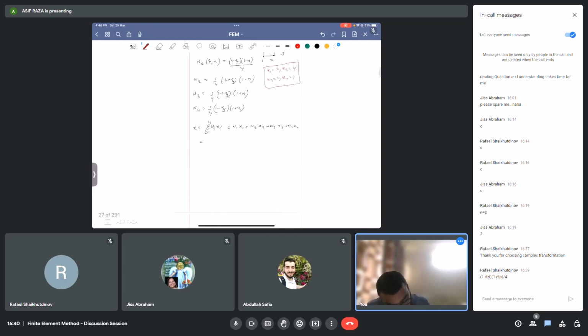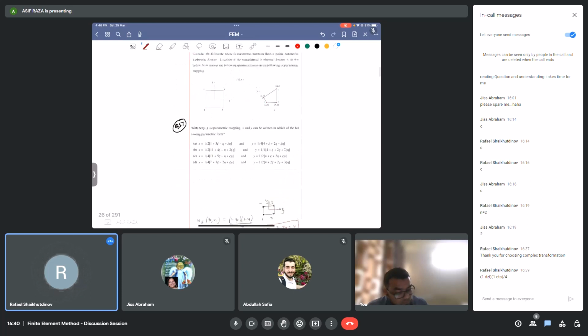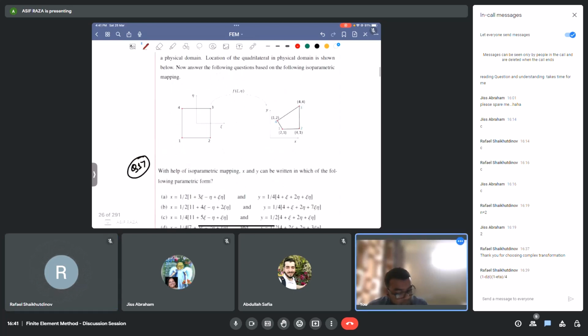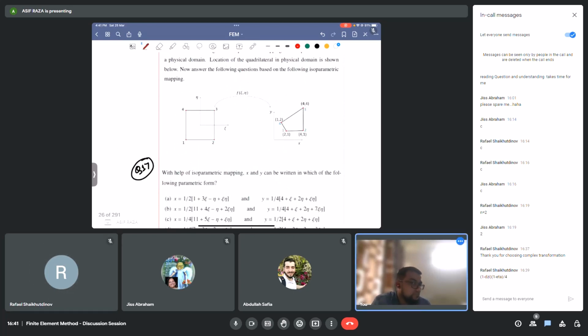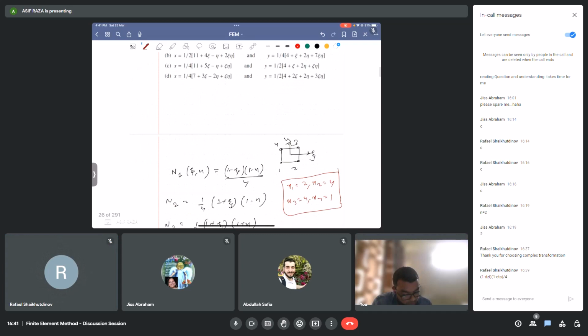Can you show the coordinates of the element again, please? Yes, 2, 4, 4, 1. Yes, thank you. Okay, no problem.